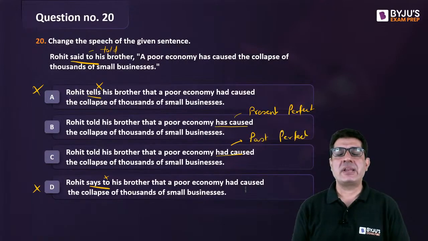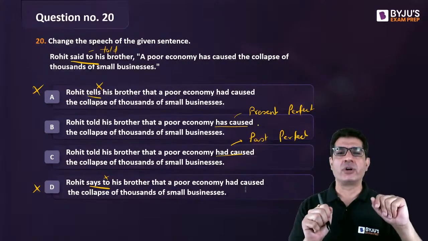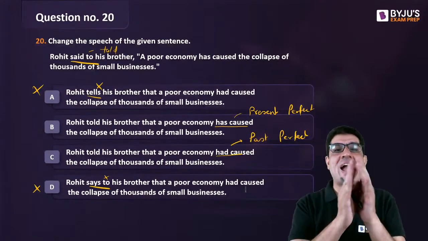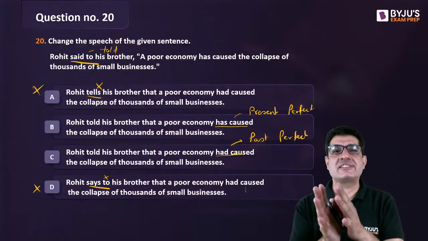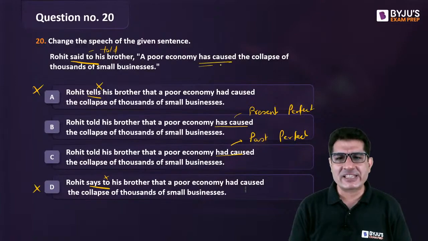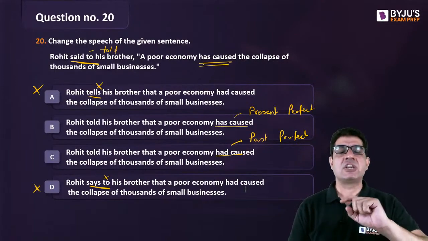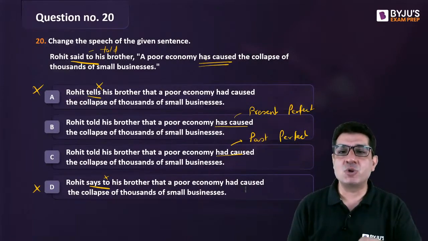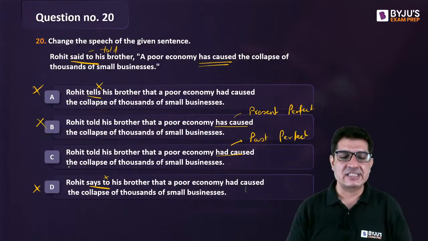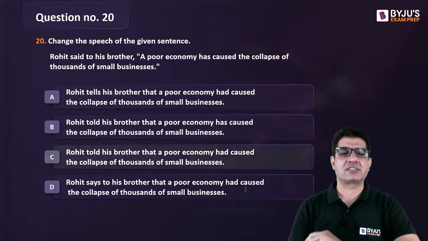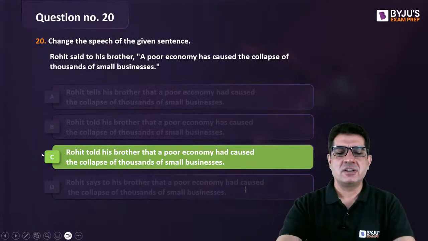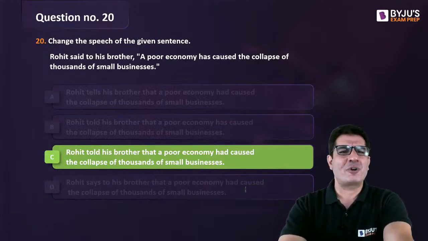So when we bring the part out from the quotes, if it is in present tense, we take it back by a tense. The present tense is converted into the corresponding past tense. So if it is in present perfect in direct speech, in the indirect speech we should use past perfect. That is why B is wrong and C is right, and thus that's going to be our answer to this particular question. Very standard formulaic area.